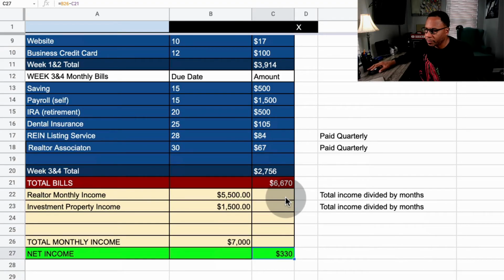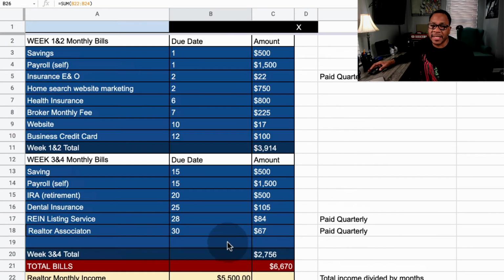Last thing. So if you take this monthly income of $7,000, okay? $7,000 times 12. How much? Times 12. So based on this bill sheet, this is $84,000 a year. Okay? How much am I paying myself every month? $1,500 plus $1,500 is $3,000 a month times 12.